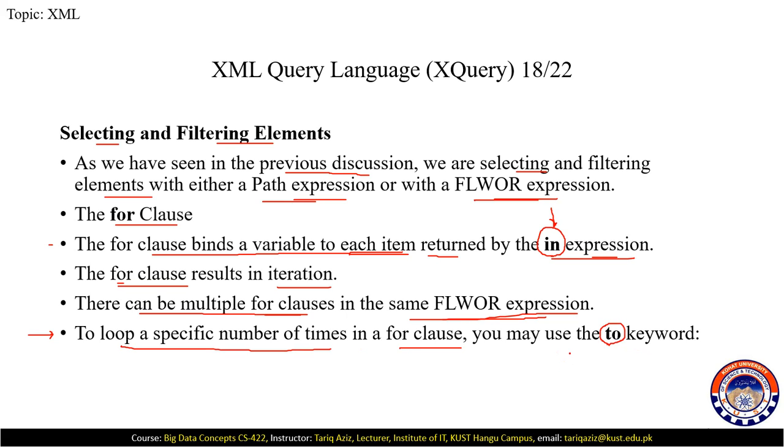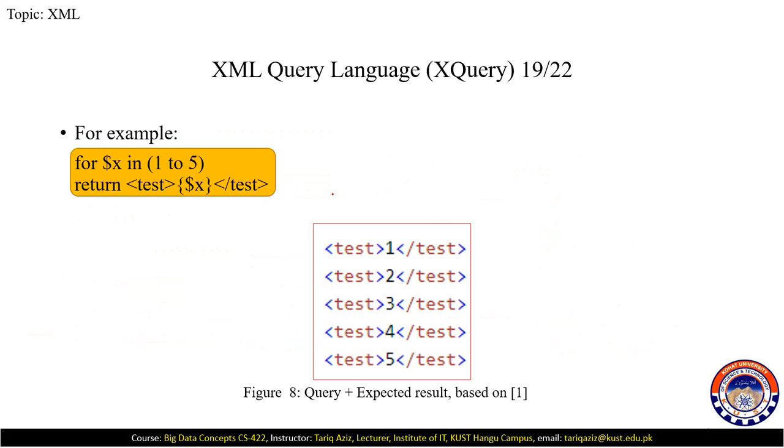On the next slide there is a query. In this query we used the to keyword. So the for clause, and then in the parentheses we mentioned that we want to repeat the loop 5 times. So we mentioned from 1 to 5, and then we want to return whatever is in this variable. Now, dear students, look at the result.